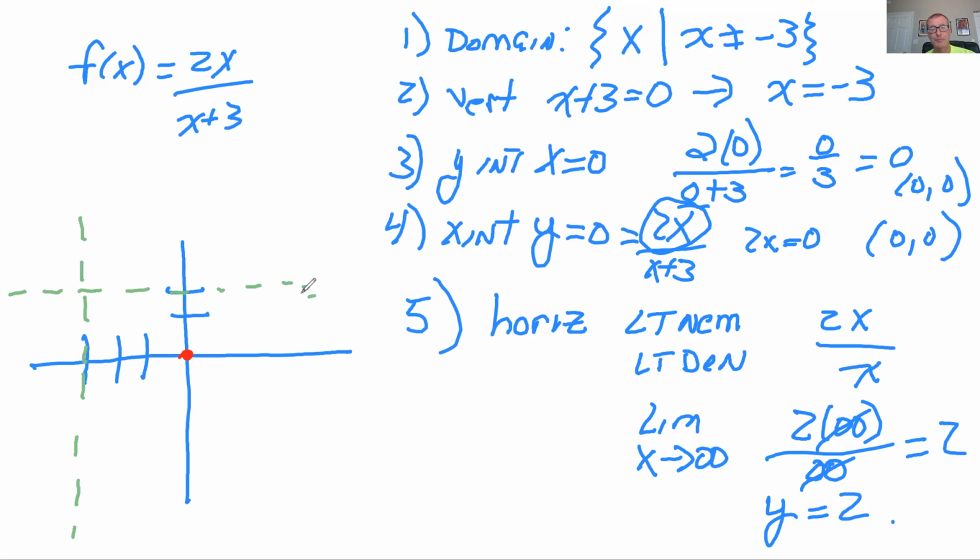A little preview: the number of lines on a graph is the number of vertical asymptotes plus 1. In this case, we have 1 vertical asymptote, so you're going to have 2 lines on this graph. How do you find where the lines are? Well, the bad part is you just have to start plugging in a few numbers.